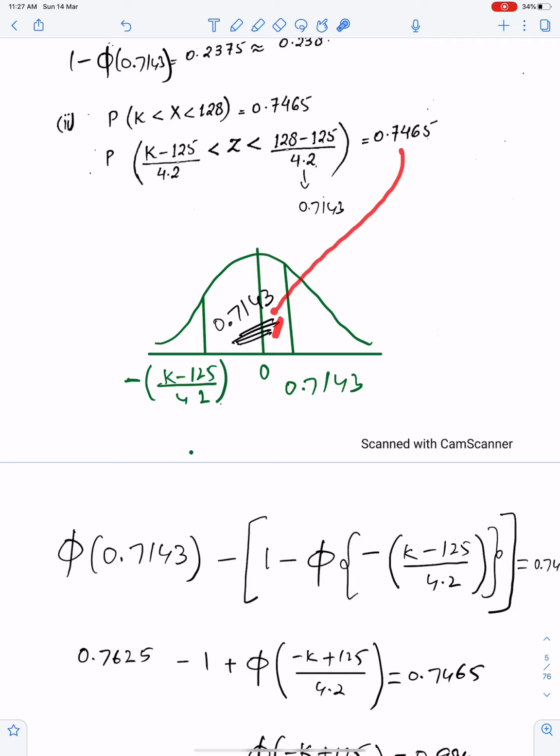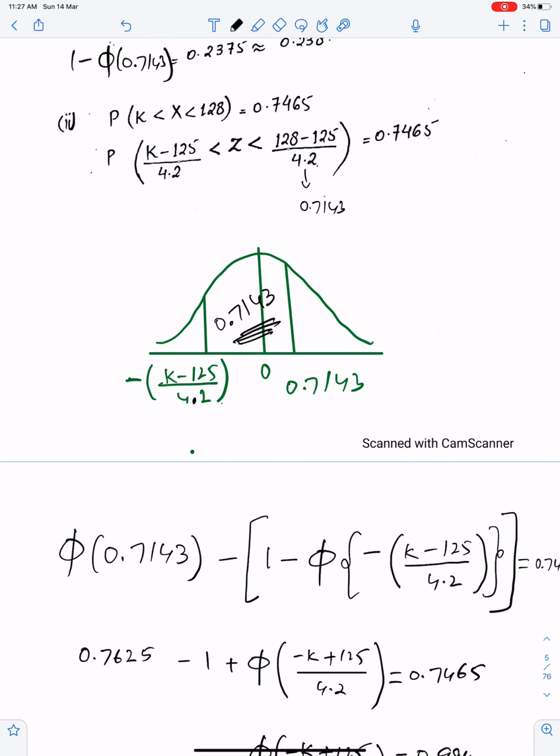This probability cannot be fitted here. So this means this number must be on left side of the 0. So this number must be negative. This is very important. This concept is very important because this number is negative. So you have to write negative sign with phi. This is what I'm explaining you.